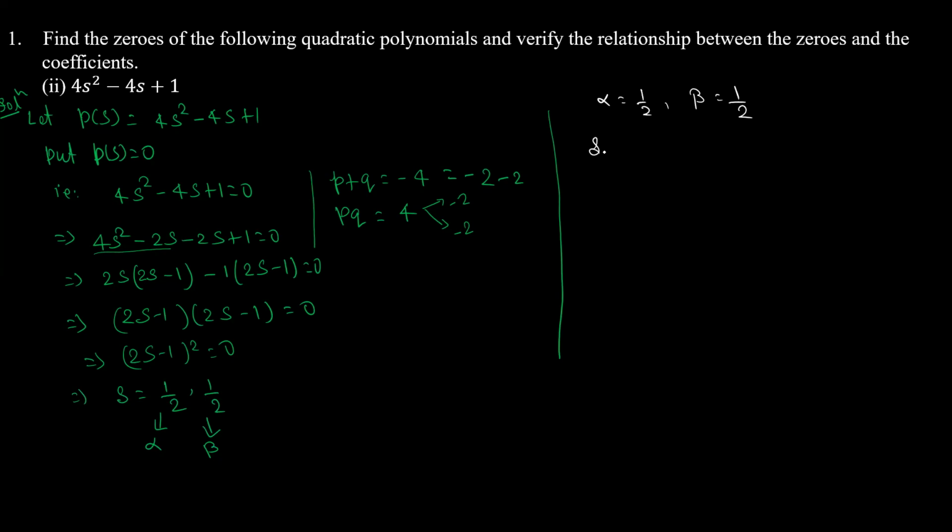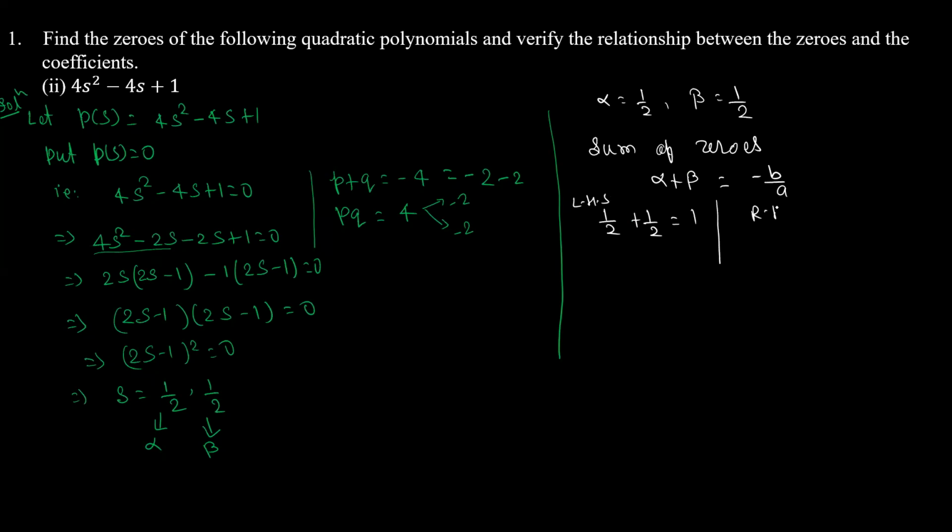So sum of zeros, first of all, sum of zeros. So alpha plus beta equal to, what is the formula, minus b by a. So this one you can verify here. Alpha कितना है, 1 by 2, beta कितना 1 by 2, this is going to be equal to 1, and here RHS, so this is our LHS.